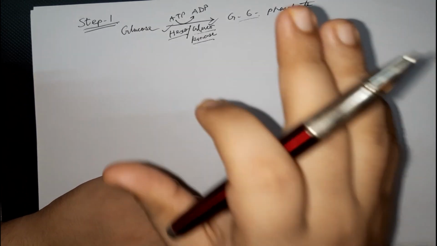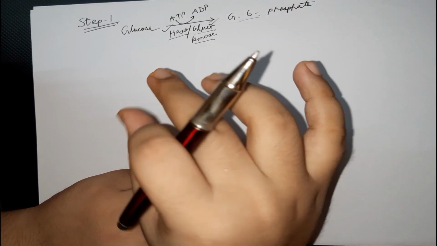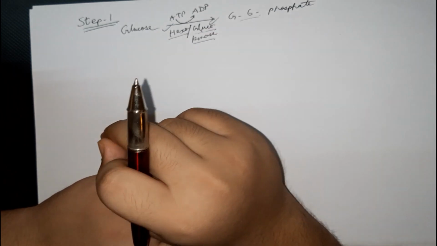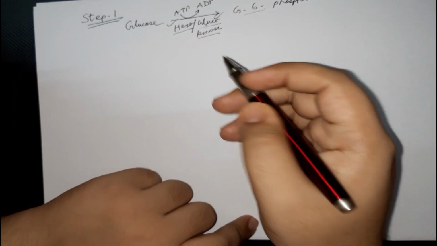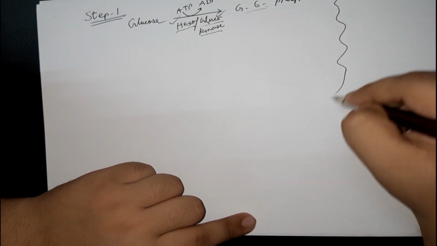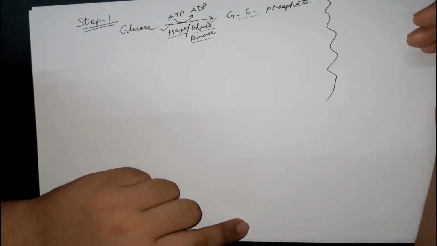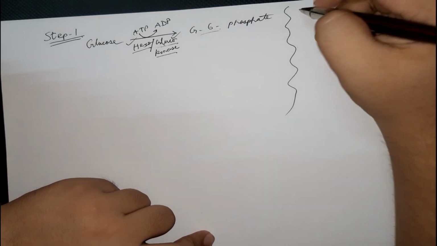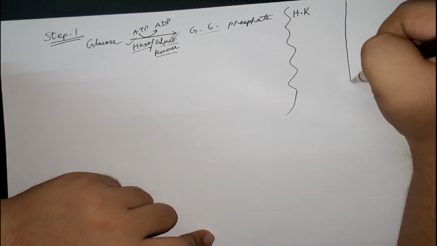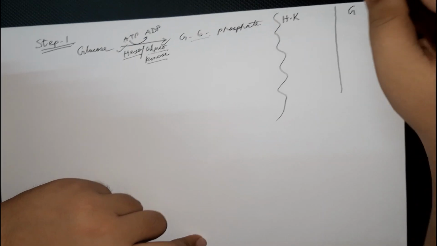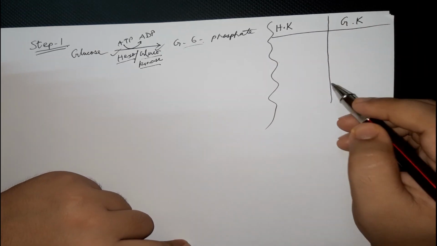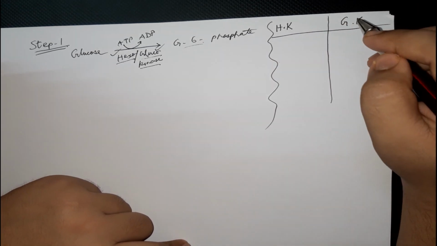Let's see what the differences between hexokinase and glucokinase are. So bear with me. I'll abbreviate it. So this is hexokinase and this is glucokinase.